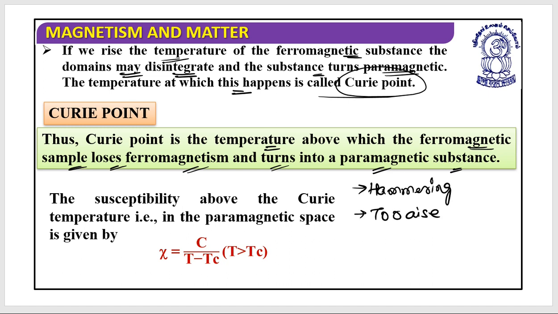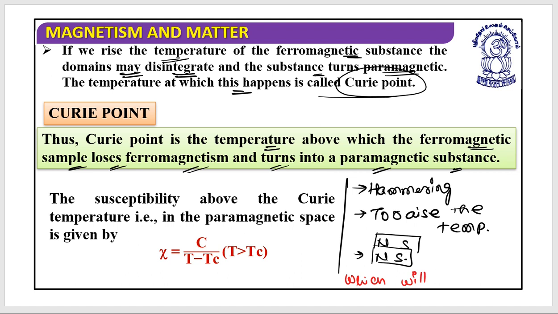One more is to keep two same poles together. All these are the cases which will make the magnet lose its magnetic property, turning it into a normal iron piece.